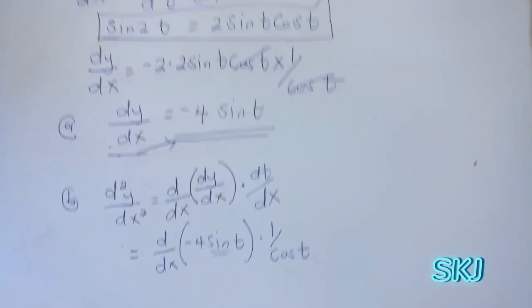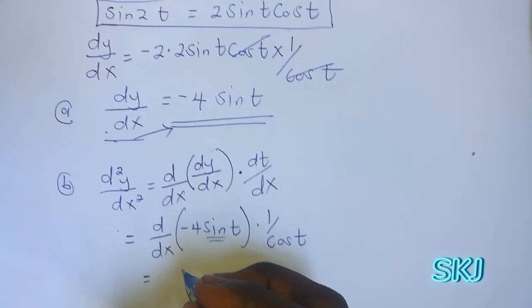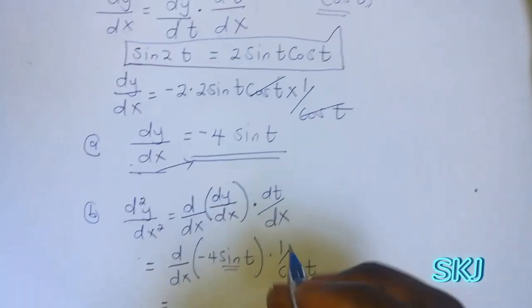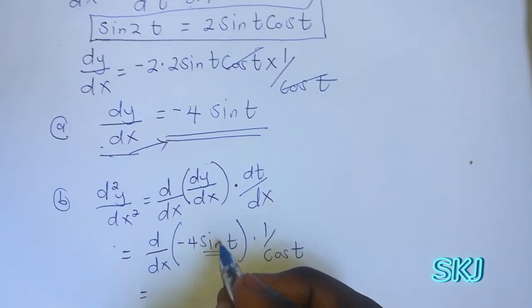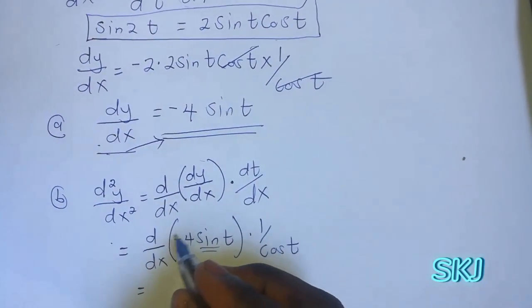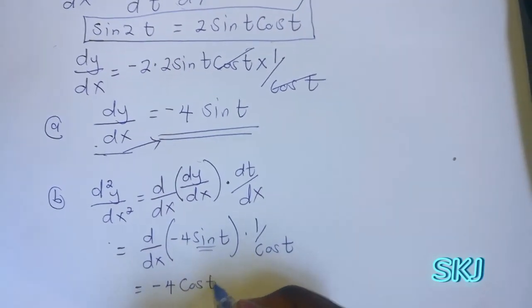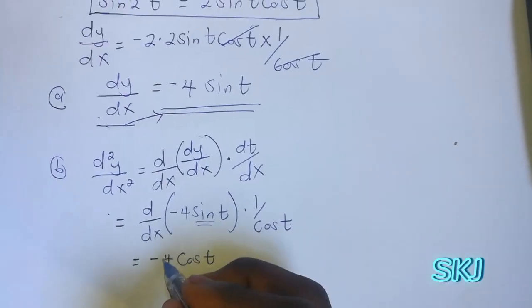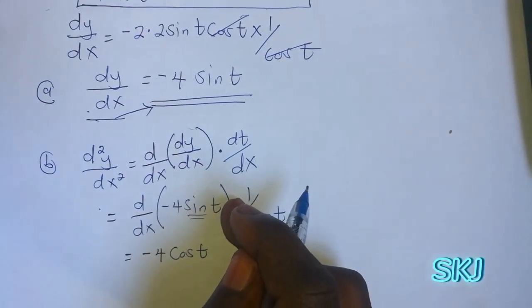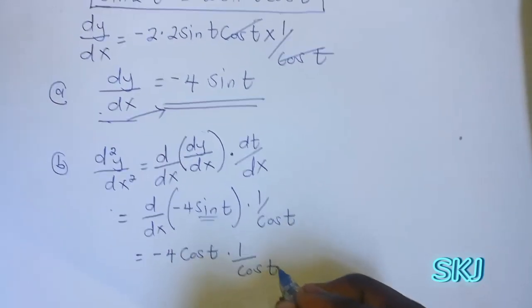If you differentiate sine, what do you get? You get cos, which is positive. But since we have a negative here, we start with -4 cos t, times 1 over cos t.